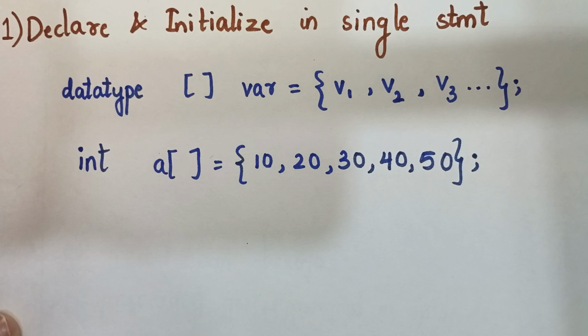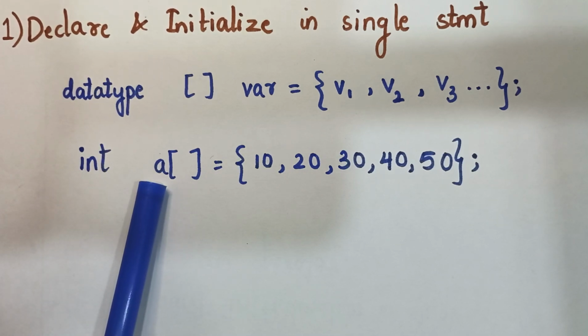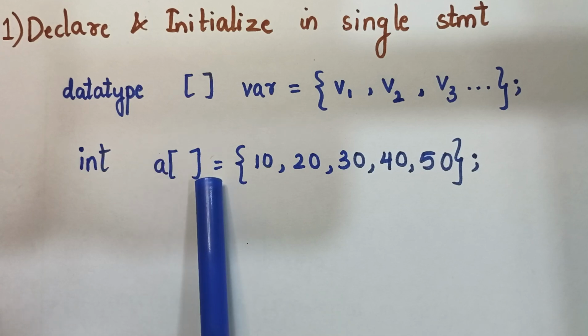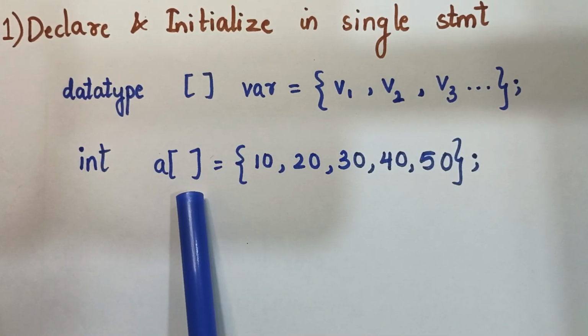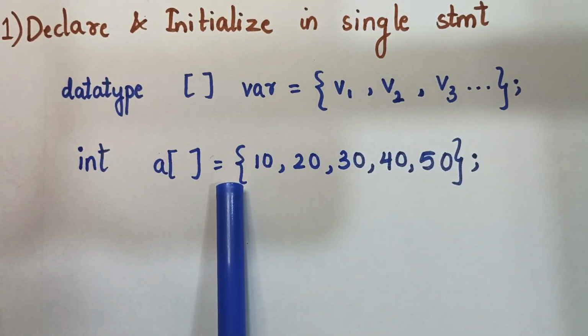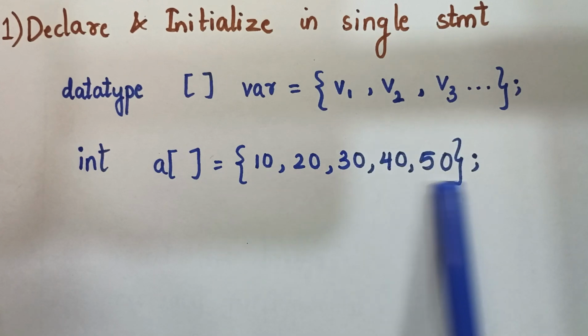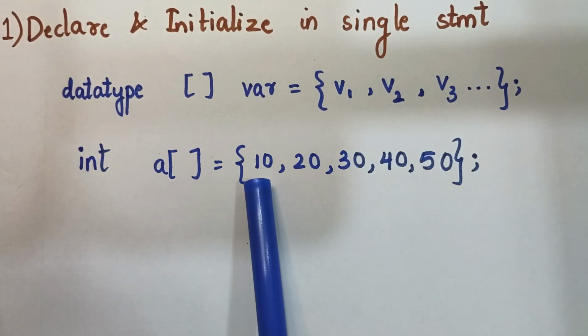So here's an example. This is the data type and this is the object reference variable. This can be written on this side and this can be written on this side. This is also correct and this is also correct, and this is for denoting that it is an array in which we are going to store these elements. We can store as many elements as we want, but based on the data type we should store the elements.